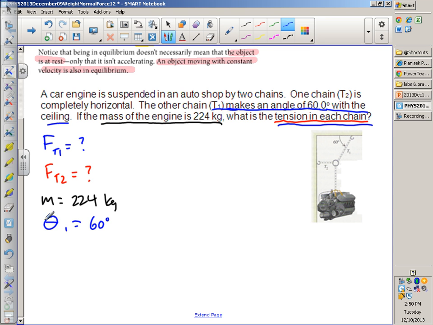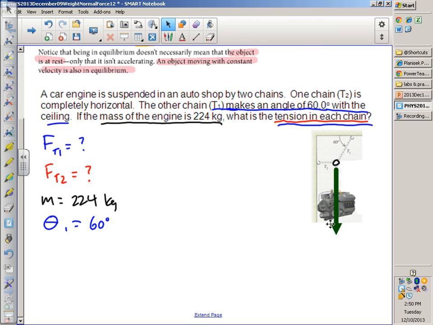What we're looking for, what we know. Now let's give ourselves a free body diagram to analyze the forces. This ring that's connecting all these chains together, I'm going to call that the middle point, and I'm going to draw my forces from there. So, first force we can put on here, like that, right?